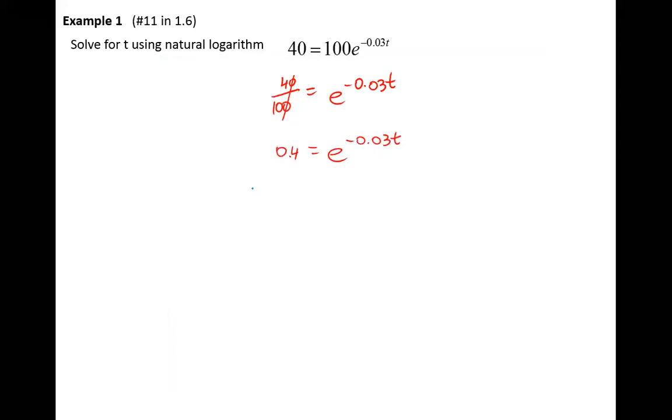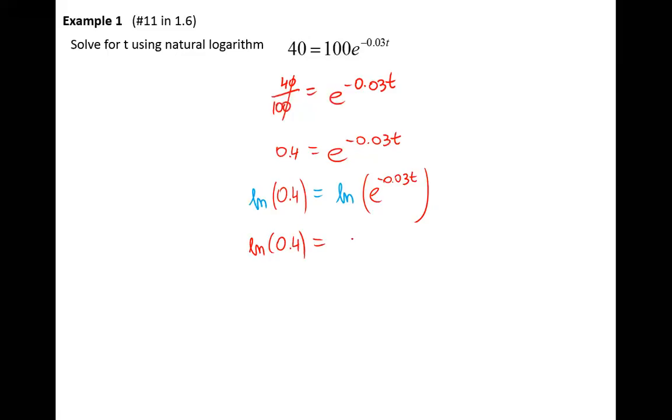So I'm taking ln of both sides. I know that most of you, or maybe even everyone, knows that the ln and e are gone. We will have only the exponent.